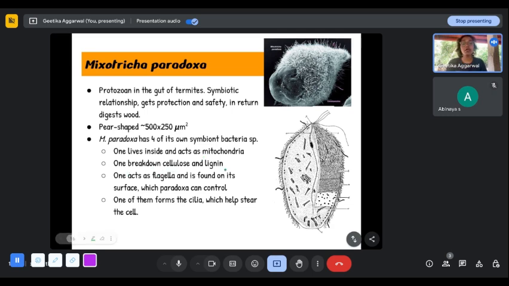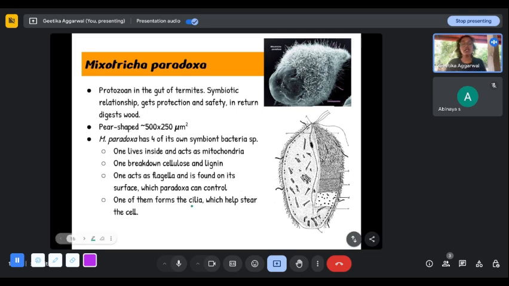Another one is also present inside. It helps in breaking down cellulose and lignin, so it helps in digesting wood by M. paradoxa. One of them acts as a flagellate. Spirochetes are bacteria like these small hair-like structures. These are spirochetes, which are bacteria present on the surface of M. paradoxa, and they can be controlled by the protozoan, and they help in the movement of the cell.